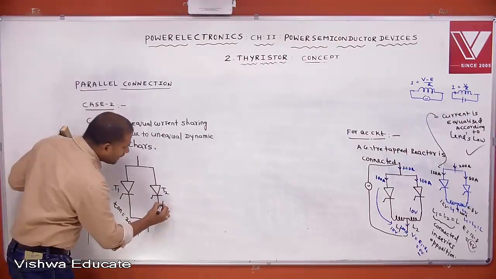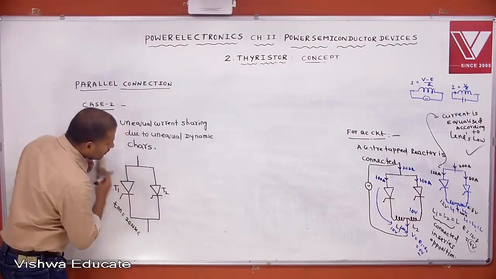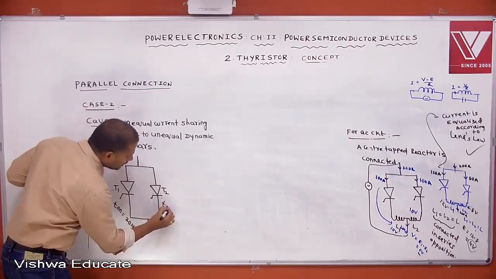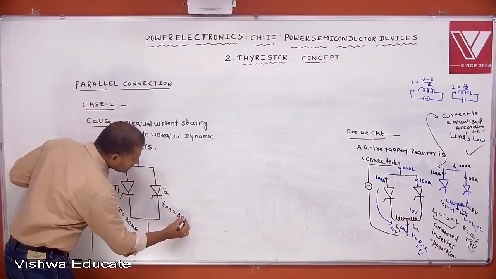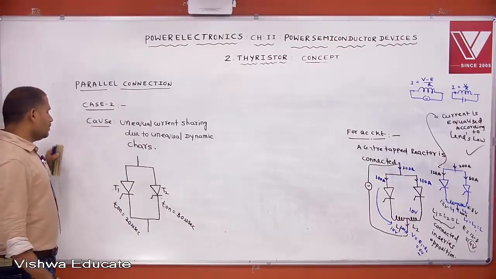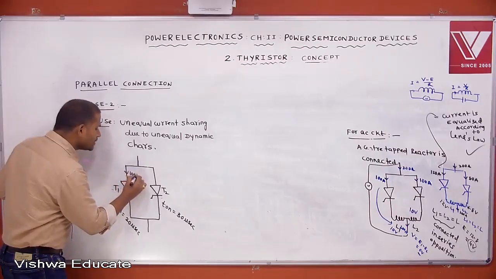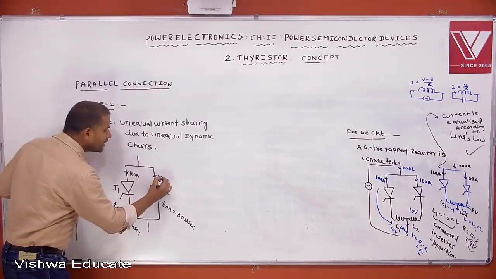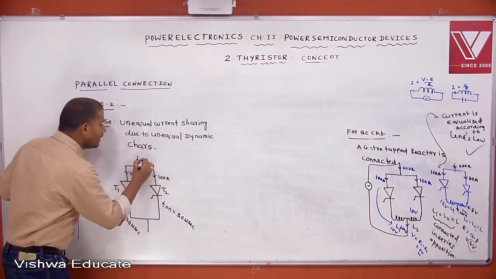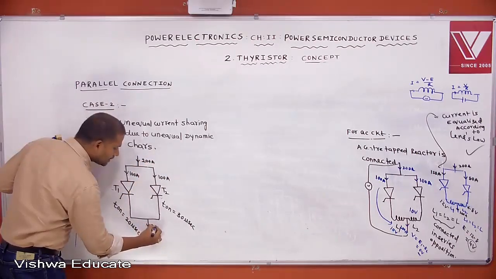Let the turn on time of T2 be 30 microseconds. Let us assume that. Now the rating of this SCR is 100 amperes and the rating of this SCR is also 100 amperes. Let this be 200 amperes, and this also 200 amperes.